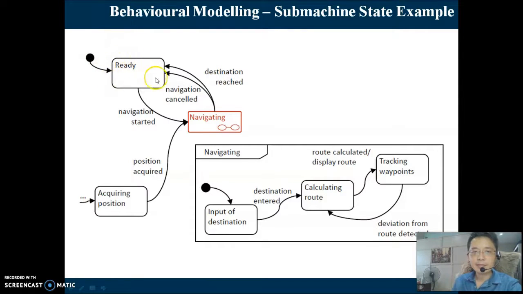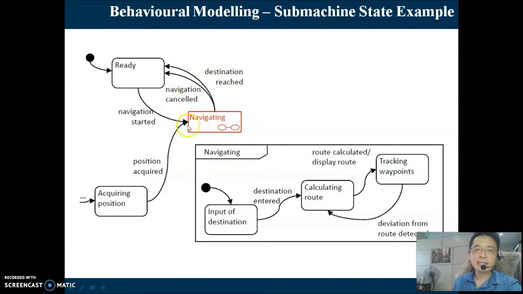From the ready state, you can proceed to navigating state when the trigger navigation started occurs. Navigation started could be a press of a button on the screen of the car navigation system.